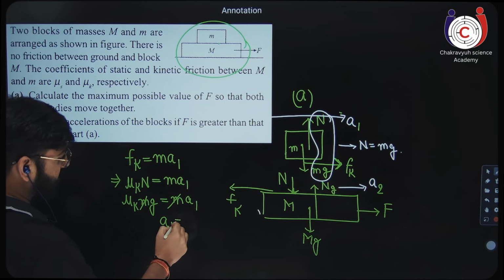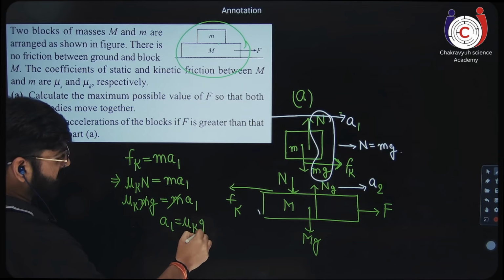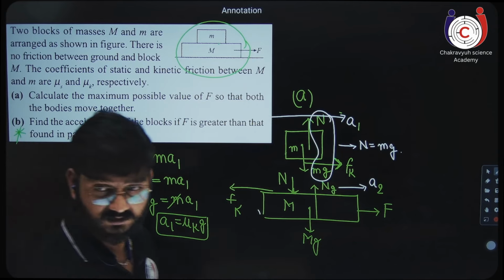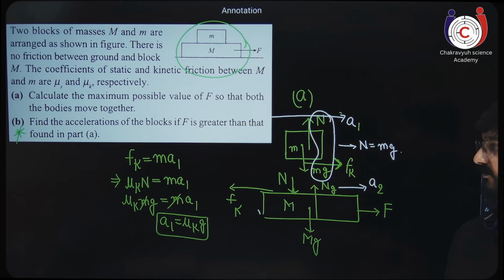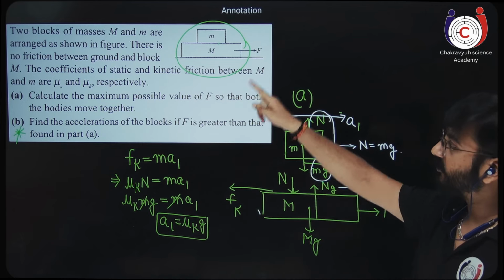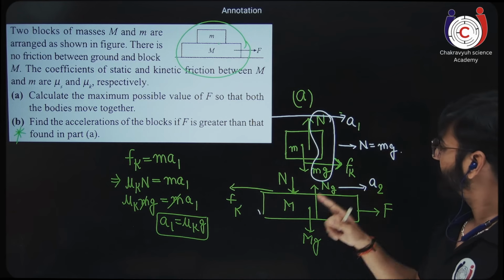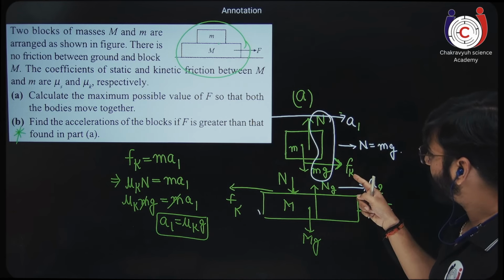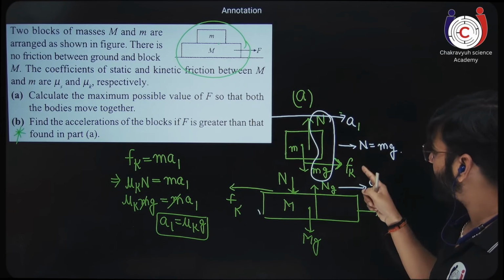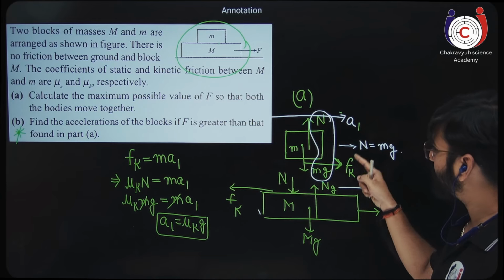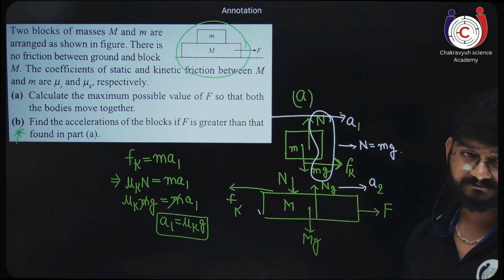So what is A1 equal to, students? Mu k into g. Done. If you apply a force greater than the previous one, both of them will slip relative to each other. They will have different acceleration. If you see the free body diagram, the only force responsible for moving m is Fk. So force is equal to mass into acceleration.